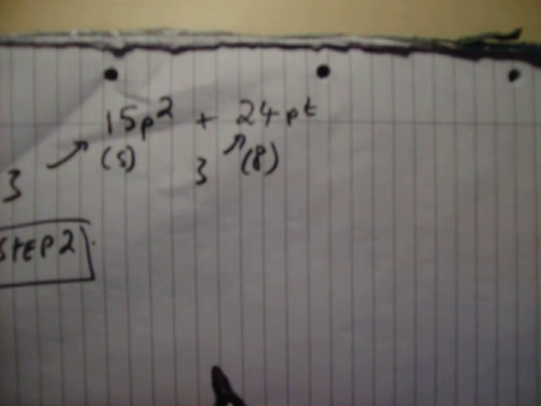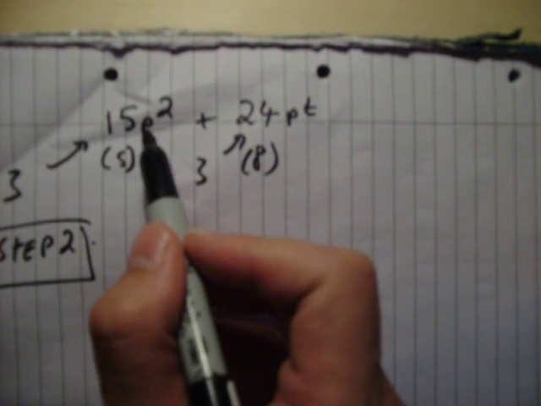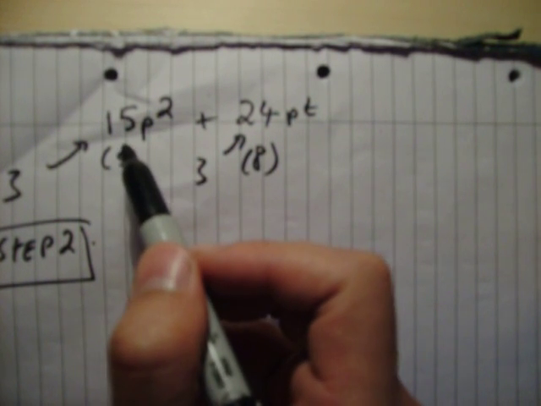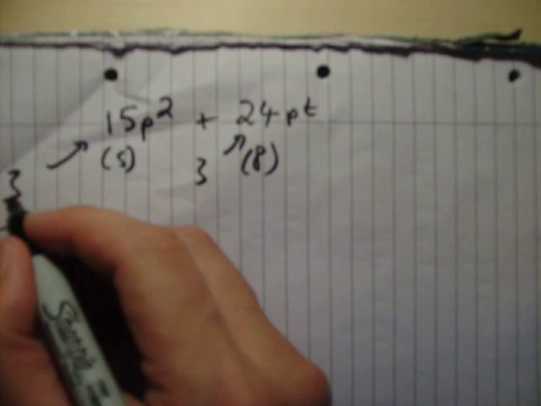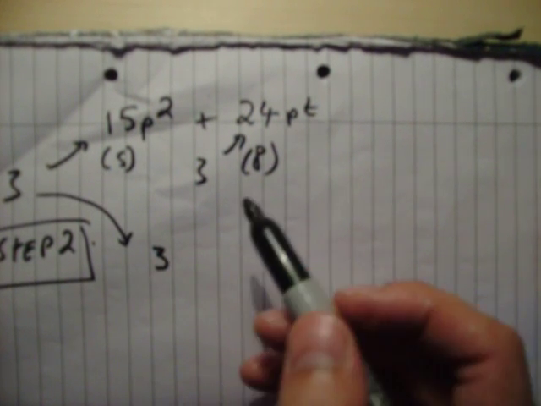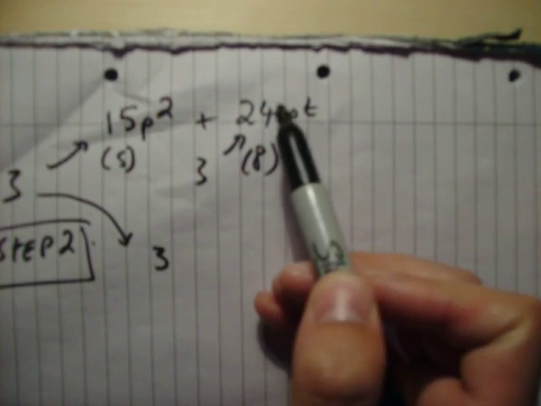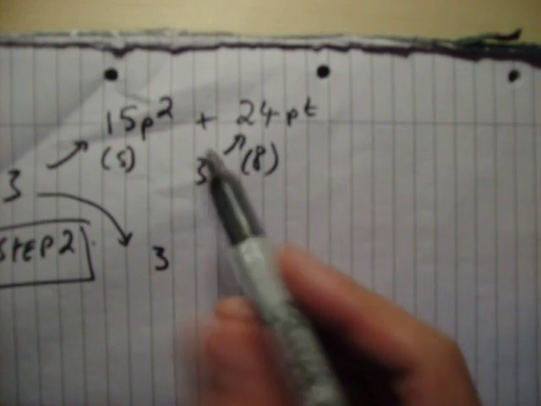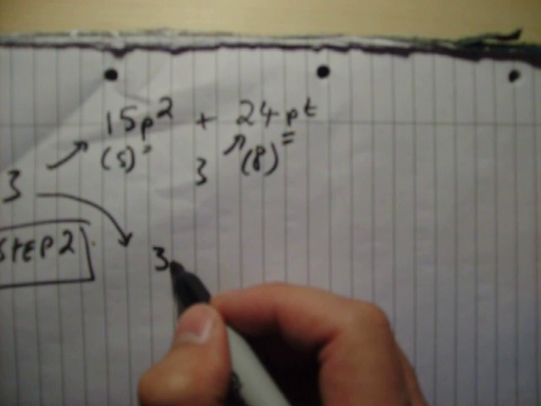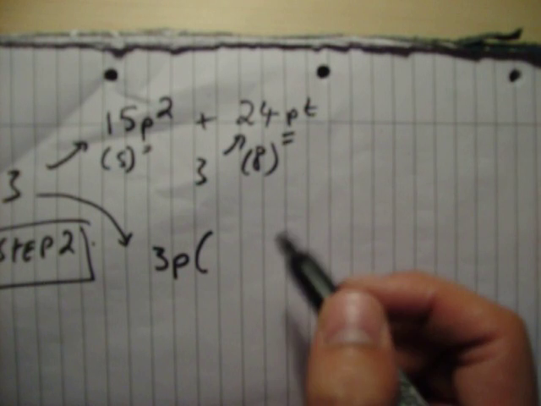Here's how we do it. We know 3 goes into 15p, it goes into 15 5 times, so we need to put 3 here. Also you need to see, are there any letters which go into both expressions? Yes, P and P, so you put P there. Bracket.